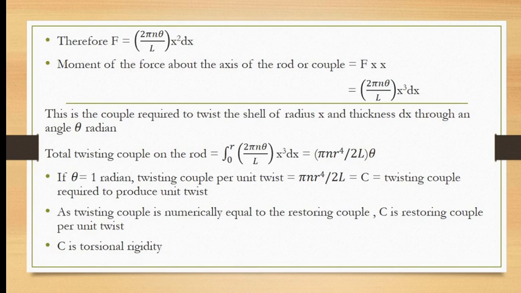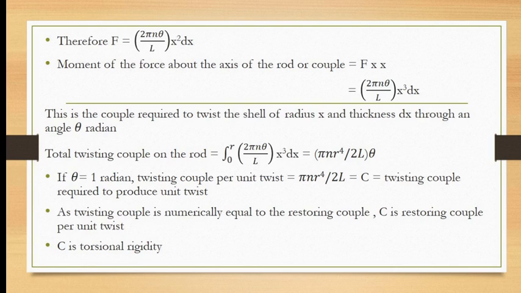So what will happen? Twisting couple divided by θ. Now what is θ? θ is 1. That means it is the twisting couple per unit twist. So it will be πnr⁴ by 2L, which is given as the variable C that denotes the twisting couple required to produce unit twist.